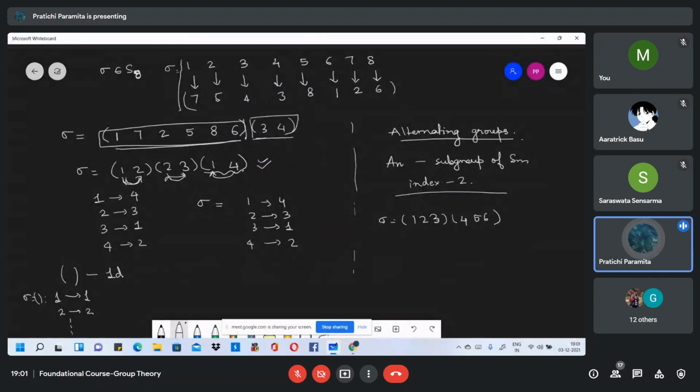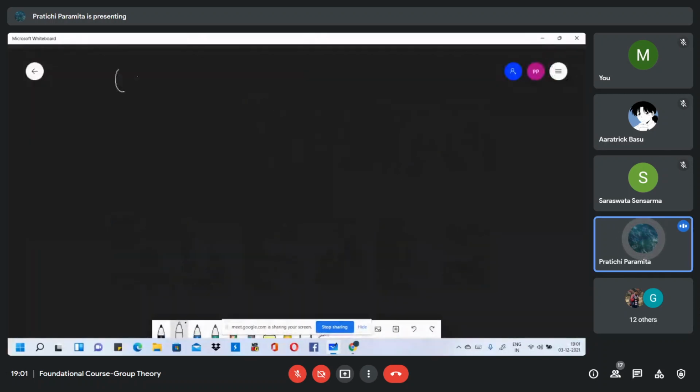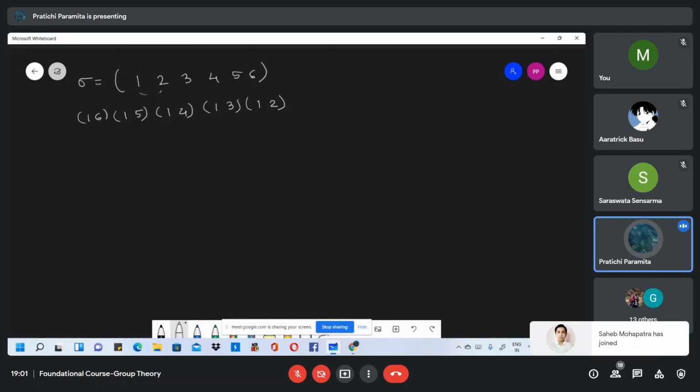So just as an example, if I have a cycle, say 1, 2, 3, 4, 5, 6, this sigma is basically taking 1 to 2, 2 to 3, 3 to 4, 4 to 5, and so on. I can write it as (1 2)(1 3)(1 4)(1 5) and (1 6).